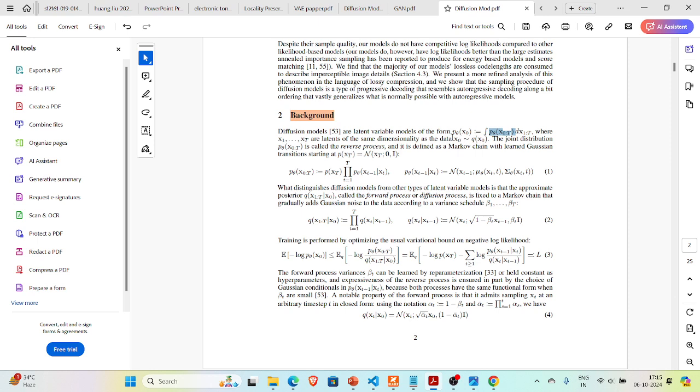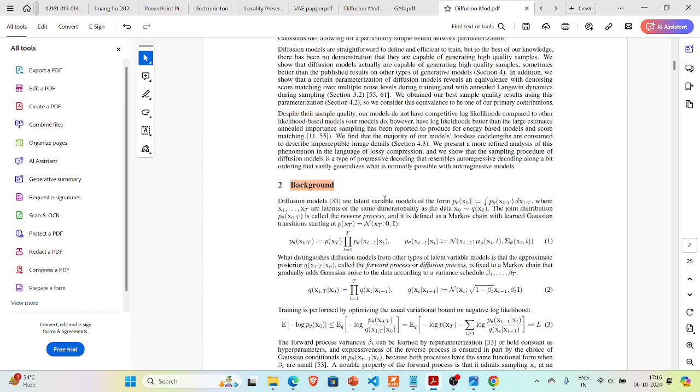So this is called our posterior. We have to take the integration of this joint distribution. These are latent variables. The joint distribution is called the reverse process. This is what they have defined as the reverse process.